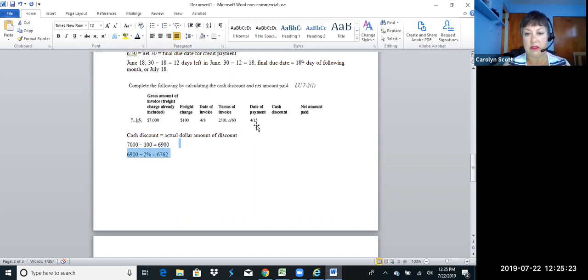So we paid it within 7 days, and we are eligible for our 2% discount. So $6,900 minus 2% equals $6,762, which means our cash discount is $138.